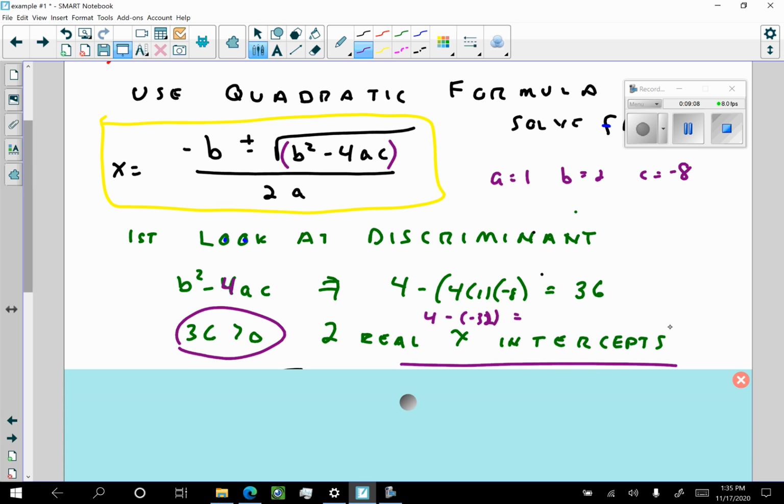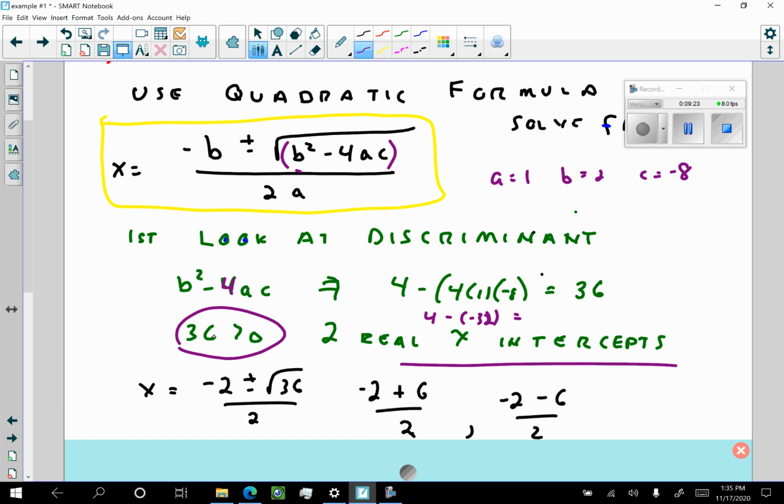Well, we have to find them. Looking at the discriminant tells us it crosses the x-axis, which is very important, but now we have to find the intercepts. We put that discriminant into the quadratic formula. The square root of 36 is 6.